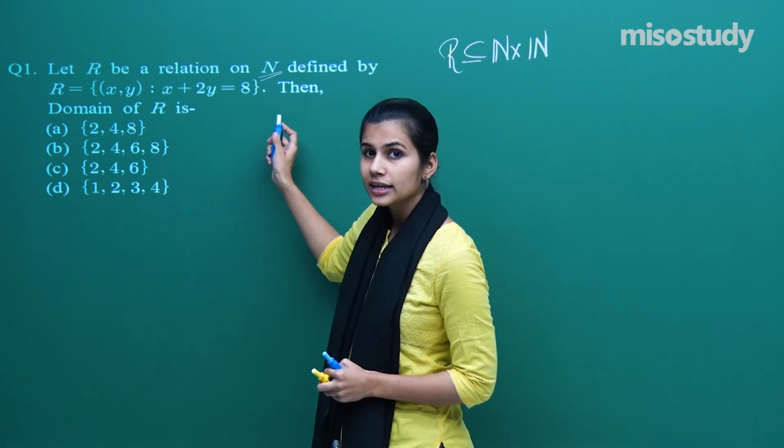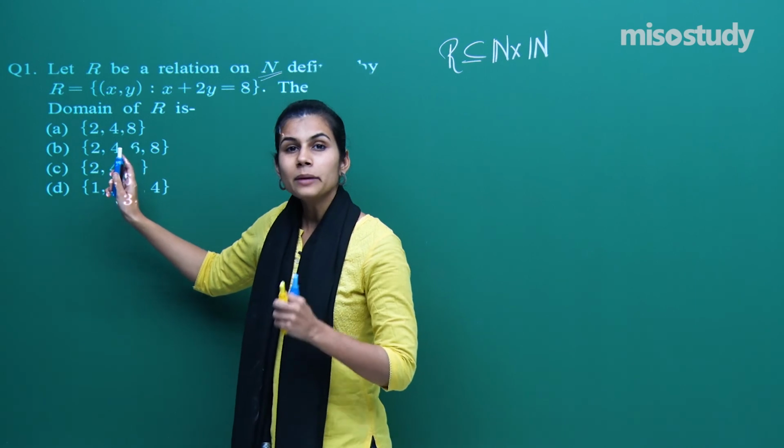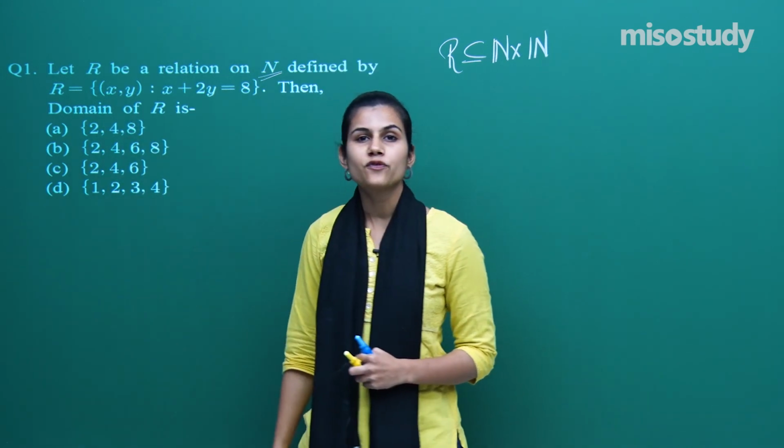Then they are asking, such a relation's domain comes out to be what among these four?